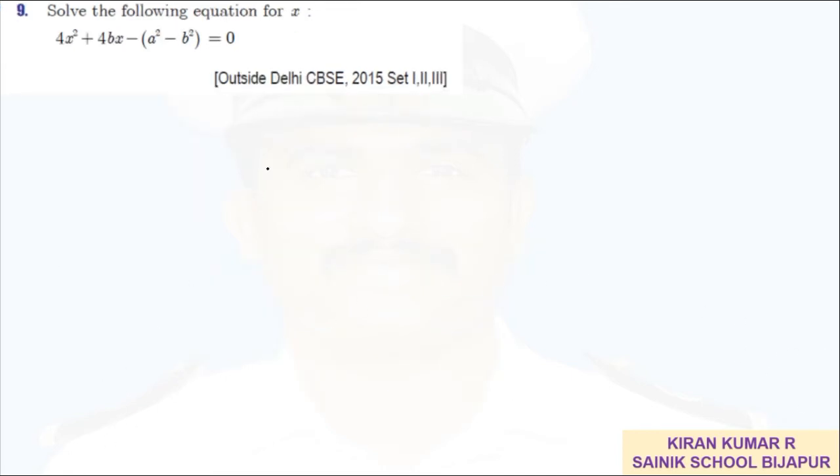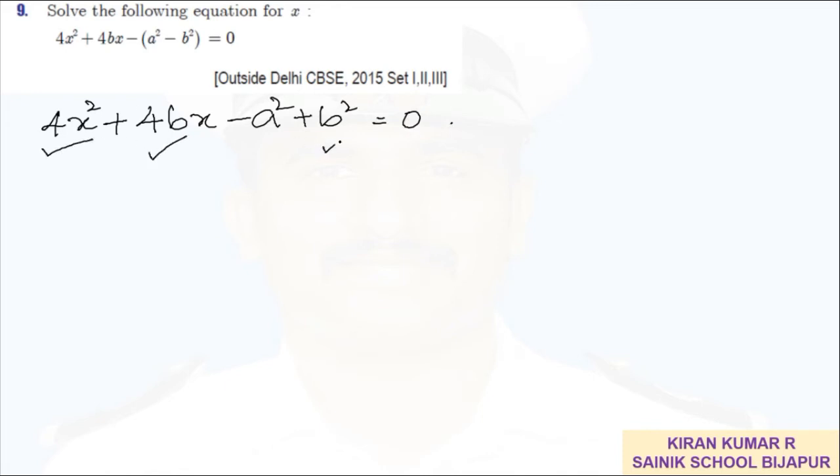Next is question number 9. Solve for x. The given equation is 4x square plus 4bx minus a square minus b square equal to 0. Suppose if I rewrite the equation as minus a square plus b square equal to 0, look at these three terms.